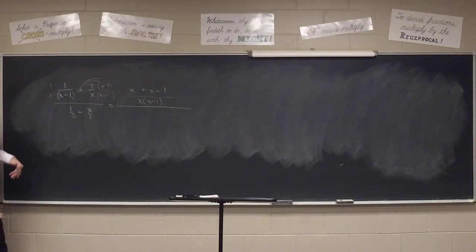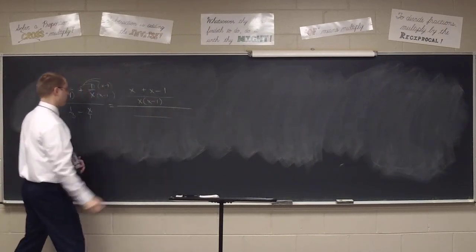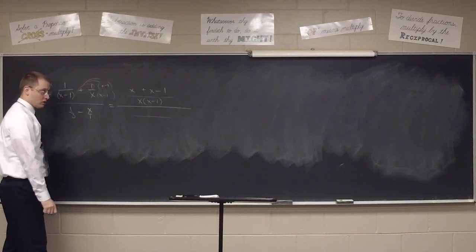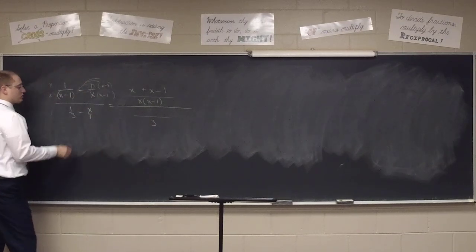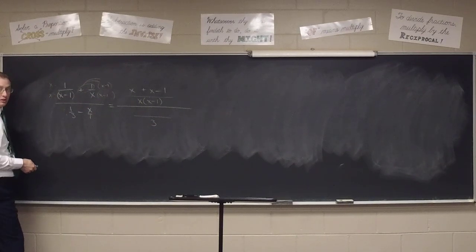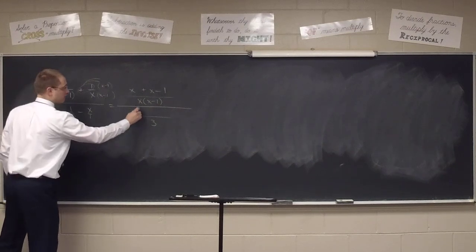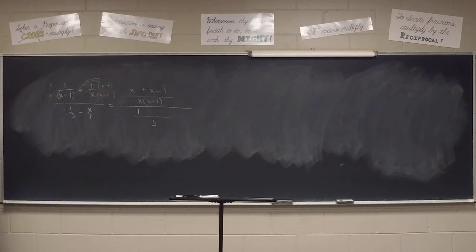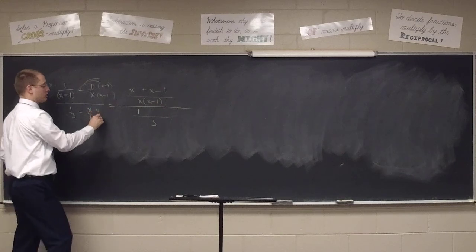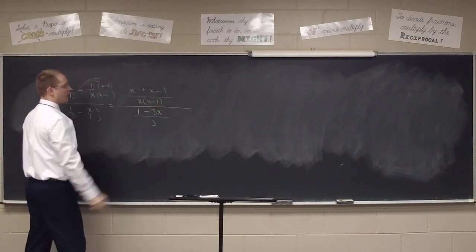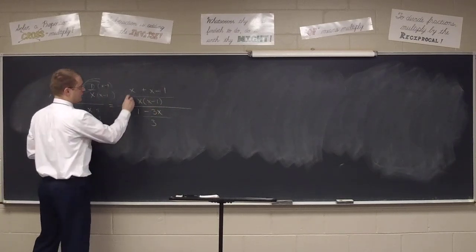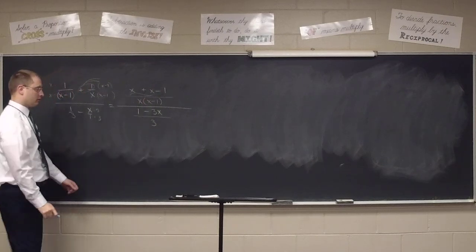In the denominator, let's draw a line underneath it, put 3. First fraction, just keep it. Good, next one times the 3 gives us negative 3x. There is just a little bit of combining I can do right here, Brecken.